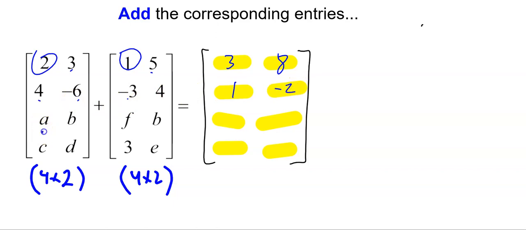Okay, this would be kind of interesting, because these are variables. So this would be A plus F for that entry. And then B plus B, or 2B, when you add up the 2B's there. The bottom left-hand term is 3 plus C, or C plus 3. Those don't really add nicely together. And then finally D plus E. So that's the resulting matrix.